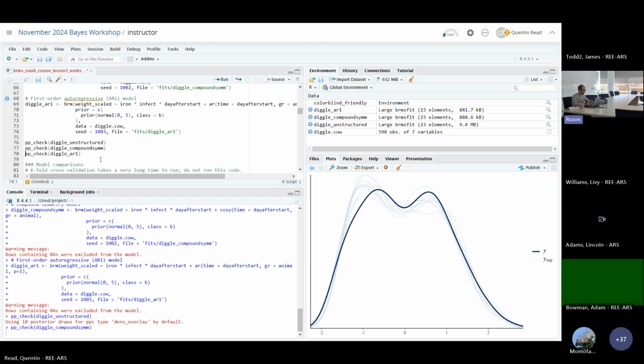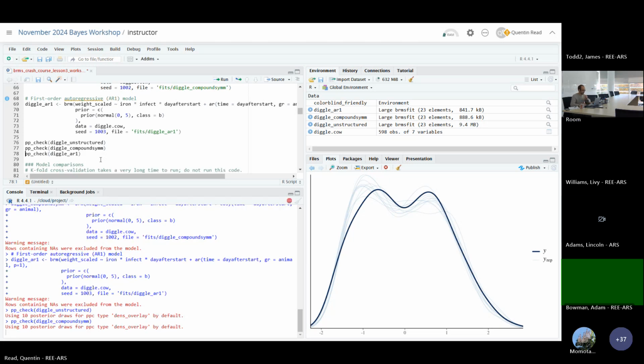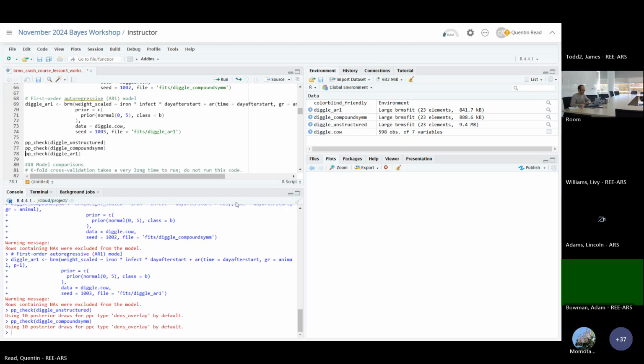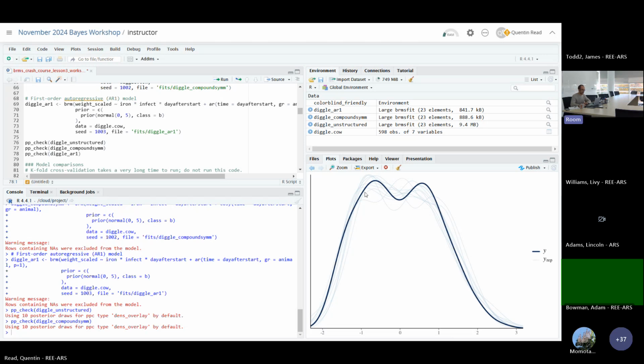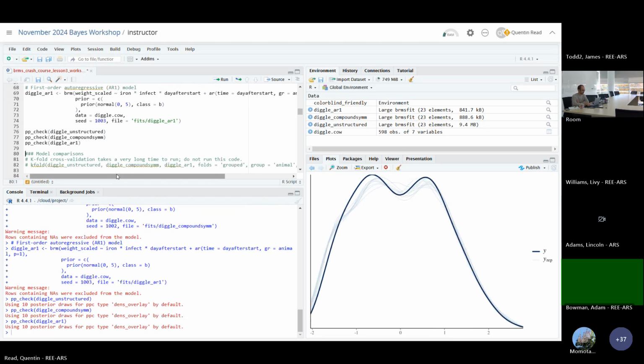What about compound symmetry? I would say also similar. Nothing stands out as being a bad fit there either. And an autoregressive model also looks pretty good.